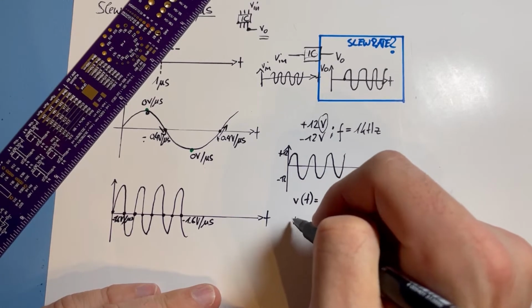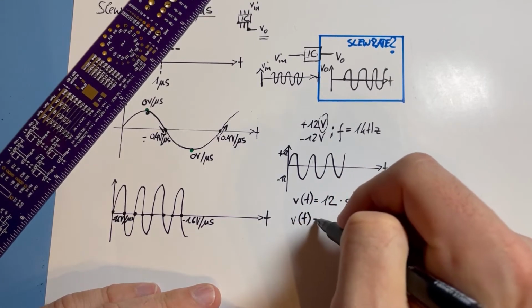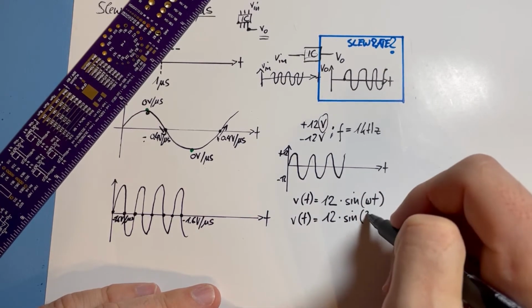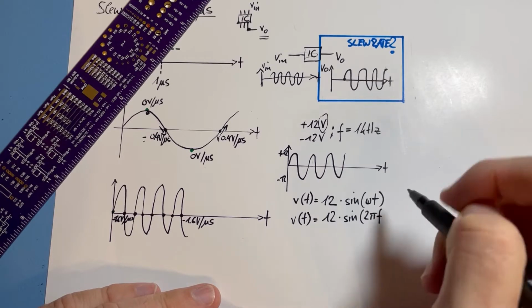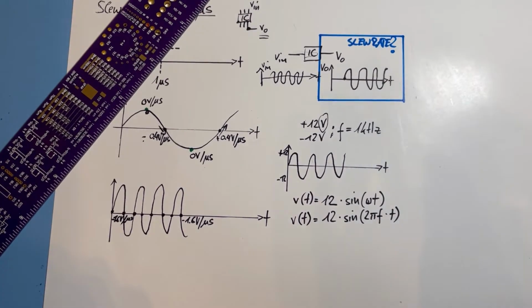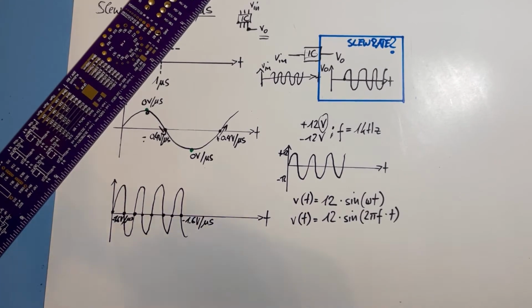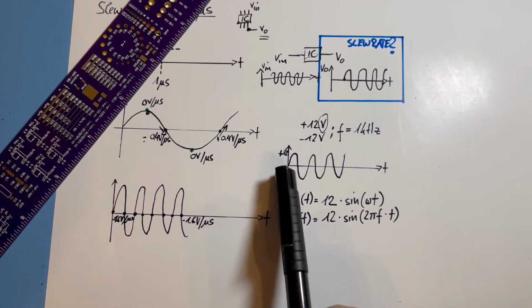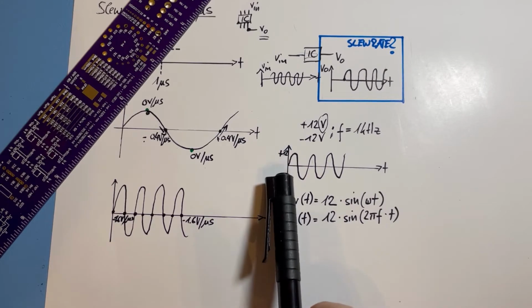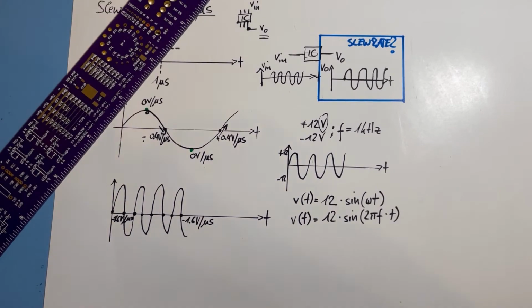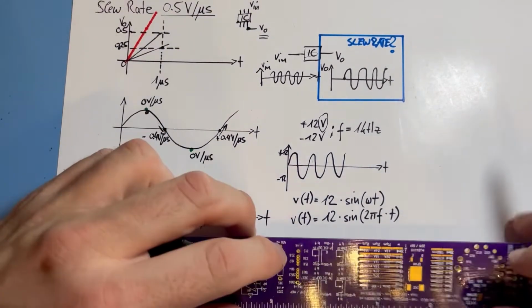So we can write that as v of t is 12 times sine of 2 pi times f times t. And that is our description of our 12 volt signal, plus 12 to minus 12, with a 1 kilohertz frequency.